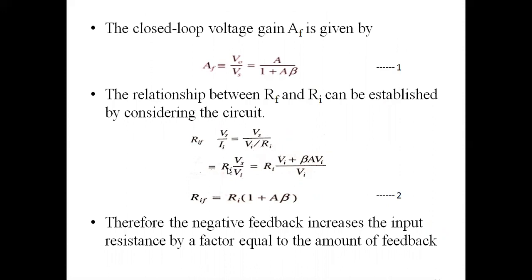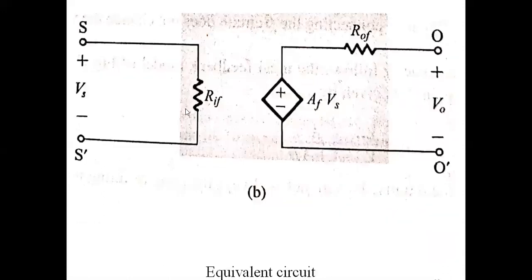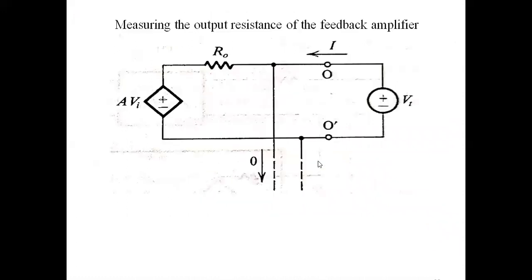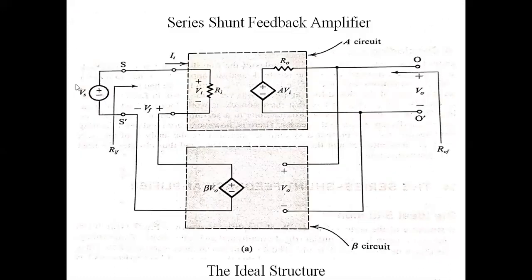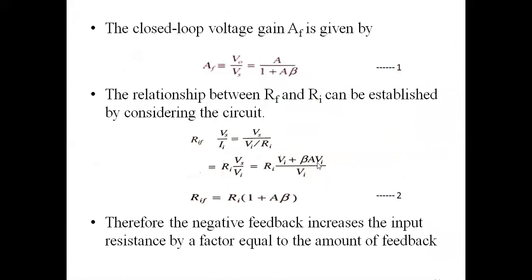Rearranging the equation, Ri times Vs divided by Vi. So what is this source voltage? By applying KVL to this loop, we get the source voltage as Vi plus beta into A into Vi.